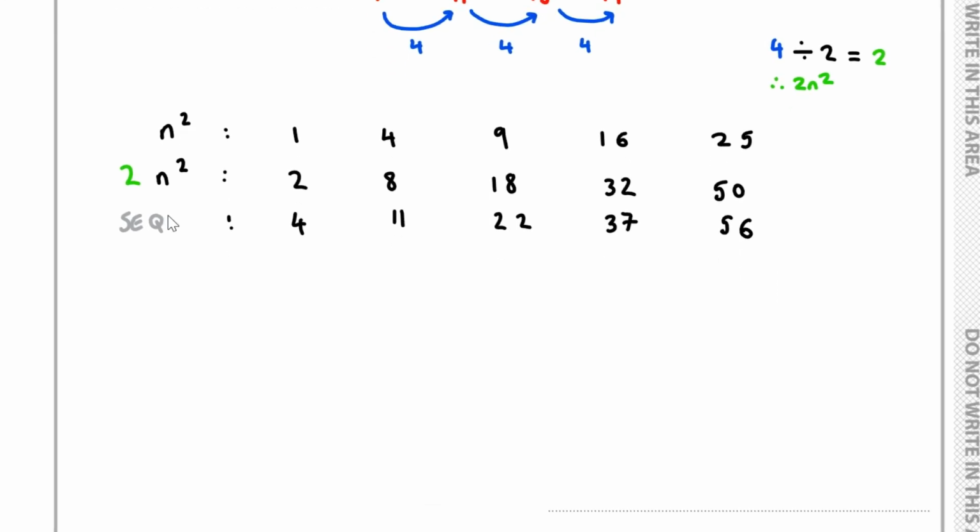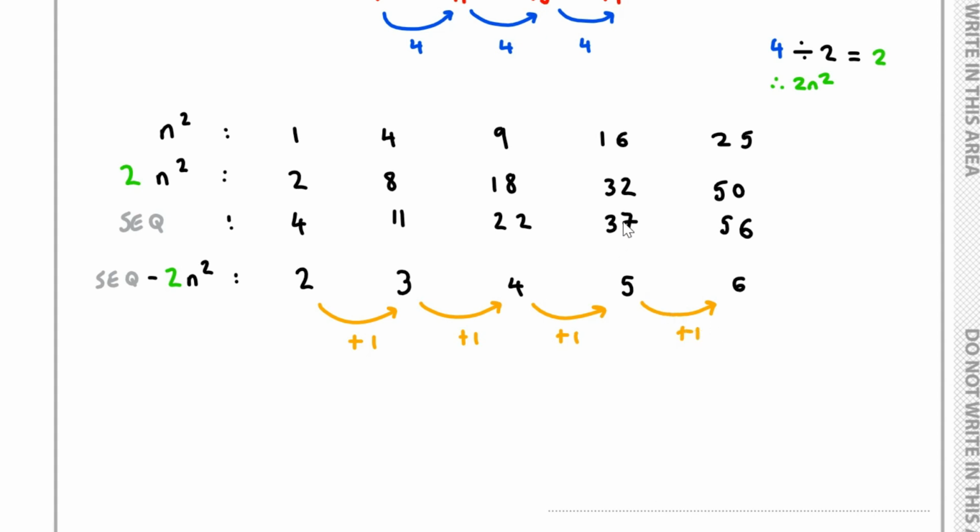So now if we work out the difference between the sequence and the two n squared terms, 4 take away 2, that's 2, 11 take away 8, that's 3, 22 take away 18, that's 4, 37 take away 32, that's 5, 56 take away 50, that's 6. If we find the difference between each of these terms, you'd find we get a positive 1.